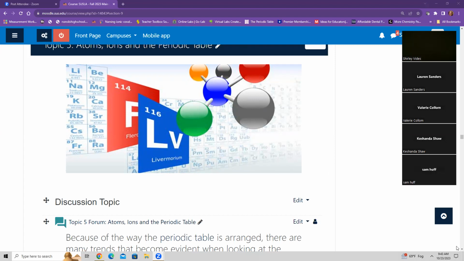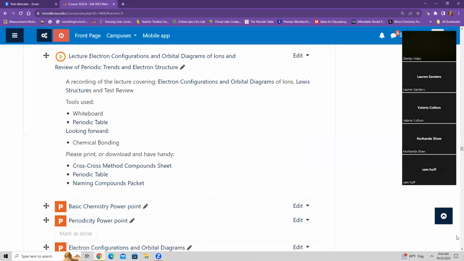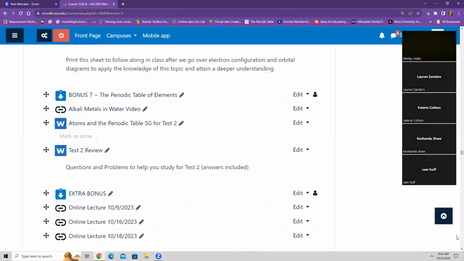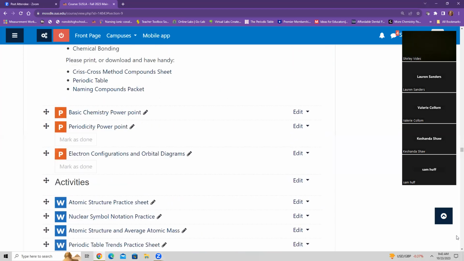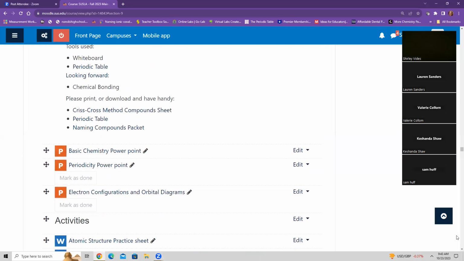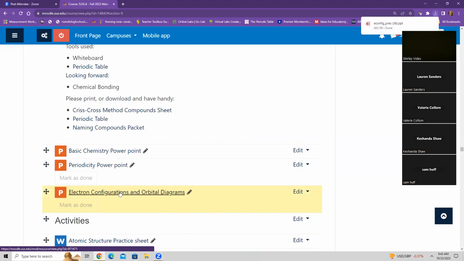So looking at the next part, which is electron configuration. So right here, we're going to look at this PowerPoint. Electron configurations are basically a way of knowing which orbital and which level each electron is in that is in an atom.